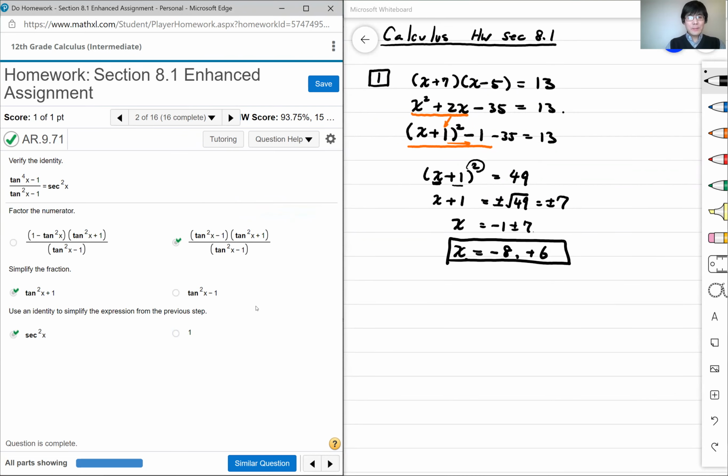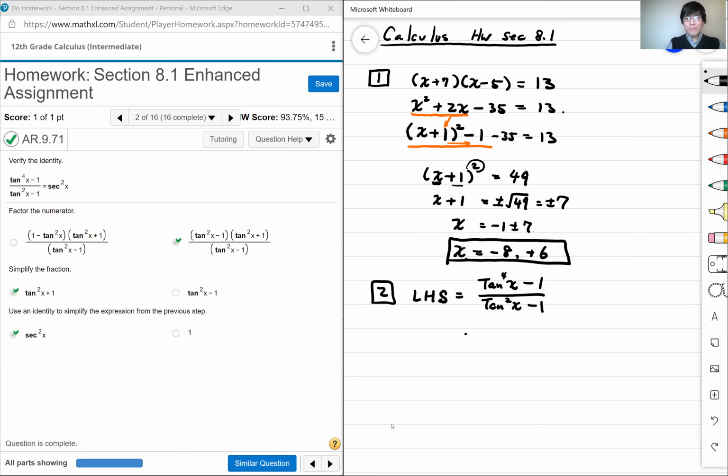Next problem is proving the identity. Okay, so this is just a review problem again. So it's a proof of the identity. So let's start from the left-hand side. The left-hand side is tangent x to the power of 4 minus 1 over tangent x squared minus 1.